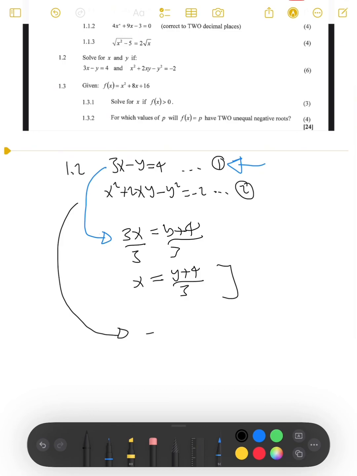So here, using y, we have negative y equals negative 3x plus 4, and then from that we get y equals 3x minus 4 when you divide both sides by negative. This becomes our equation 3.